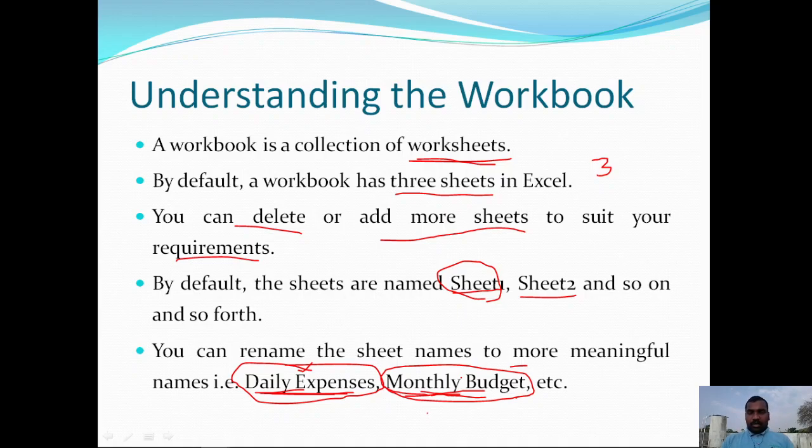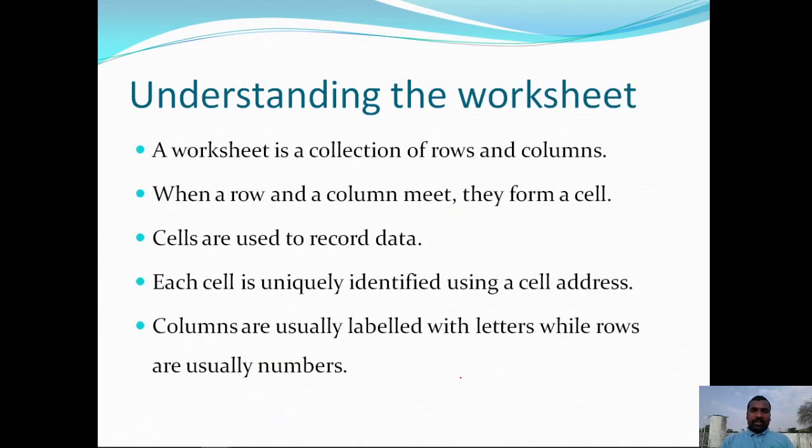Now let us switch to the worksheet. We are saying that a workbook contains three worksheets by default. So what is a worksheet? A worksheet is a collection of rows and columns, which we already discussed in the previous slide.